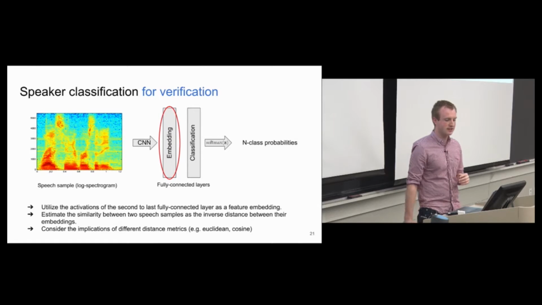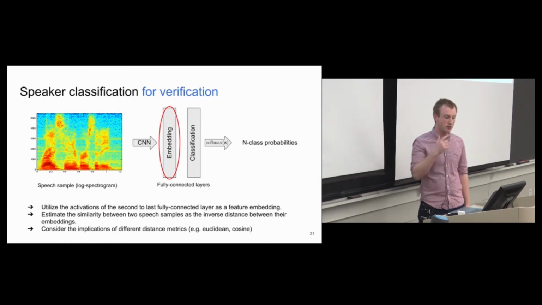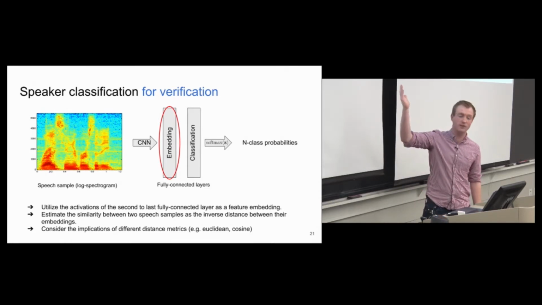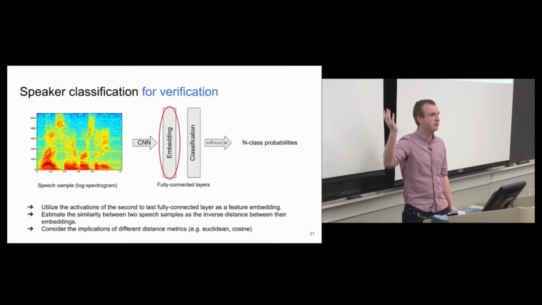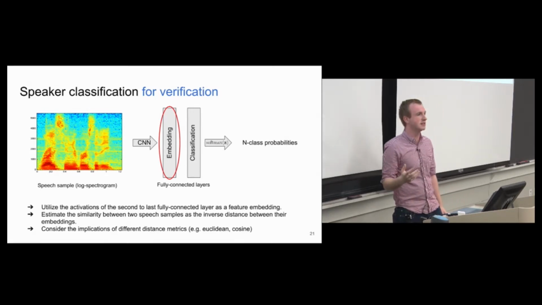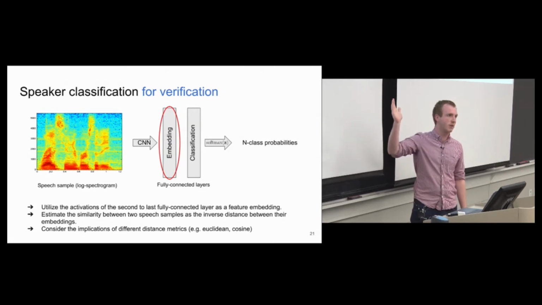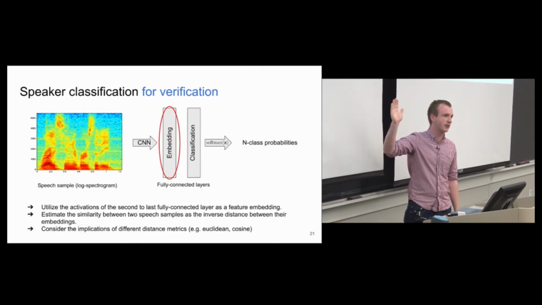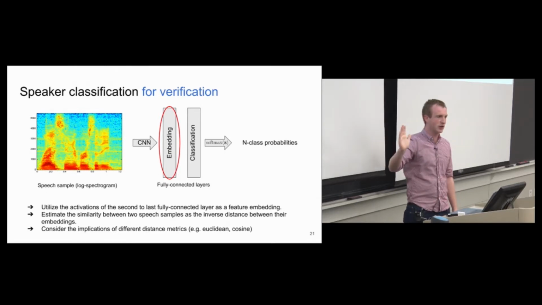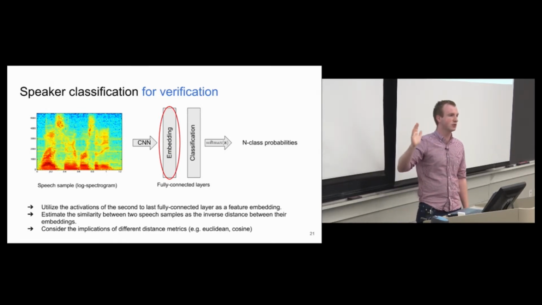All right, so back to the slide that we had before, speaker classification, but for verification. So we're going to utilize the activations of the second to last layer. This is arbitrary, but we have this intuitive idea that we assume that a neural network builds features in a hierarchy towards higher level features.